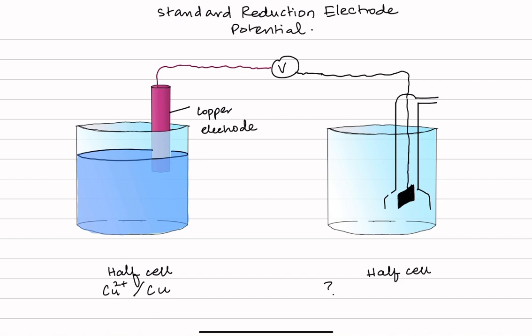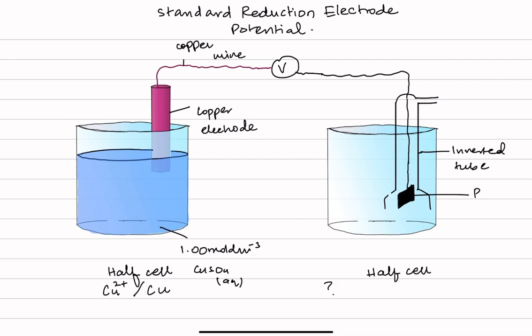On the left hand side we can clearly see that there's a copper electrode and copper wire connected with the voltmeter. The solution, we already know, is 1 mole per dm cube solution of aqueous copper sulfate. But on the right hand side, the half cell basically has an inverted tube where you're going to be having a platinum block as an electrode.